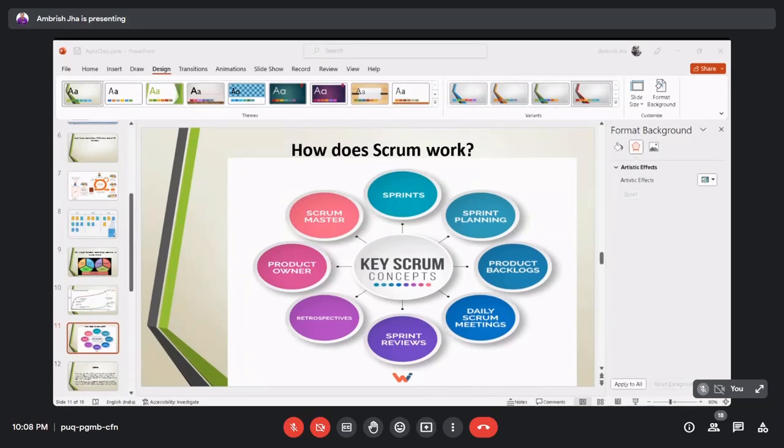Product backlog: this is a list of tasks for the entire project, called the product backlog. We create it together with the product owner. The tasks in the backlog have varied priorities. Means some problem is a P1 critical problem, something is P2, that is a blocker.